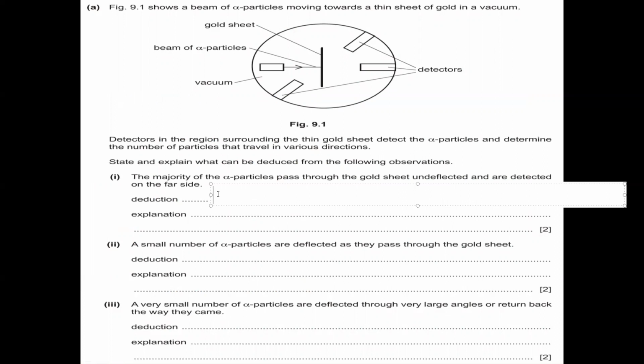So what we deduce from the first one, the majority of the alpha particles are able to pass through the gold sheet? We say the nucleus is very small compared to the atom.